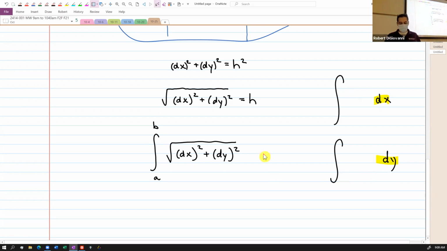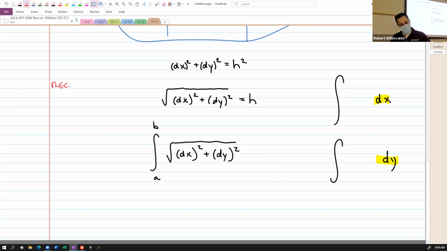I just now need to remind you of something. Recall that when you have y equals a function of x, if we're asked to take the derivative with respect to x, the derivative y prime is equal to f prime of x. But using Leibniz notation, the left side is dy dx equals f prime of x.